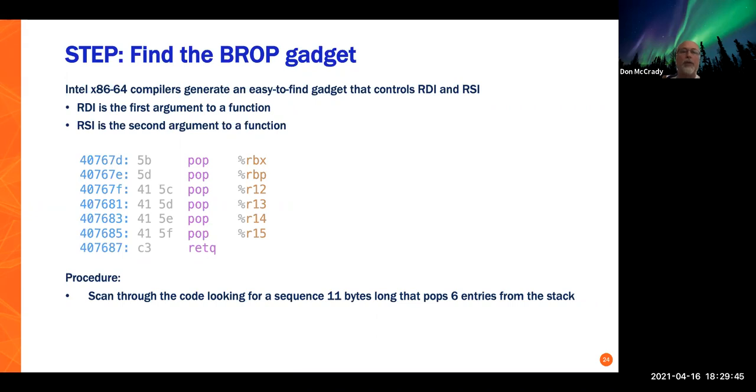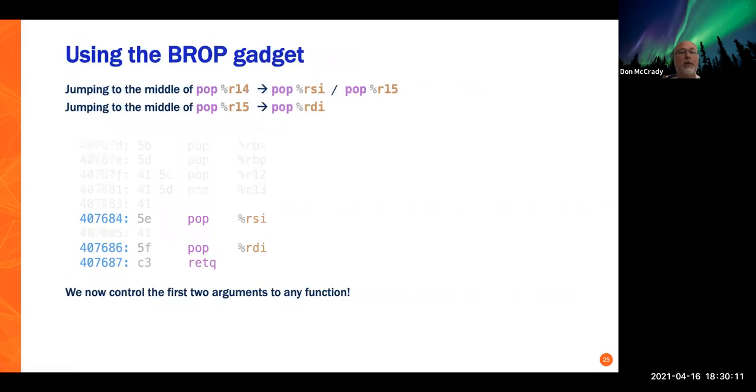So now you're probably wondering, where's RSI and RDI in this? So let's examine this last instruction, pop R15. This is at address 407685. If I skip past this 41 to address 407686, this is what it looks like. At address 407686, that instruction turns into pop RDI followed by a ret.